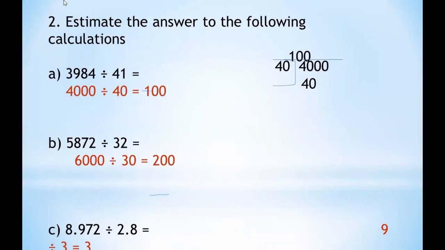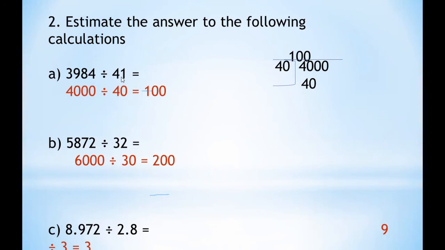Let's do one more. Look at this. Estimate the answer to the following calculation. Now, ones, tens, 100, 1000. So round off this number to the nearest 1000. 3984, when you round this number to the nearest thousand, you get 4000.